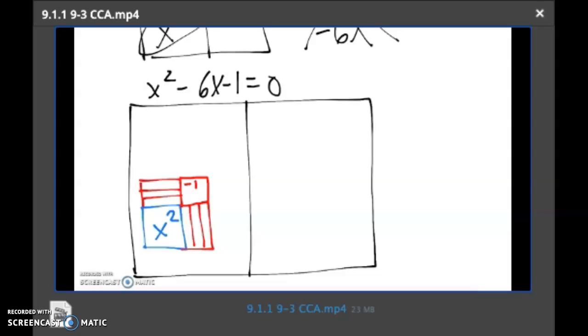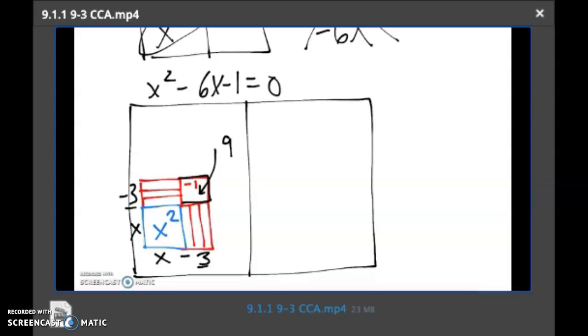I'm going to write what the dimensions of this rectangle should be. So I have an x side and then a minus 3, because those are negative x's, and an x side and a minus 3. Now when I look at this corner here, negative 3 times negative 3 should make that corner 9.